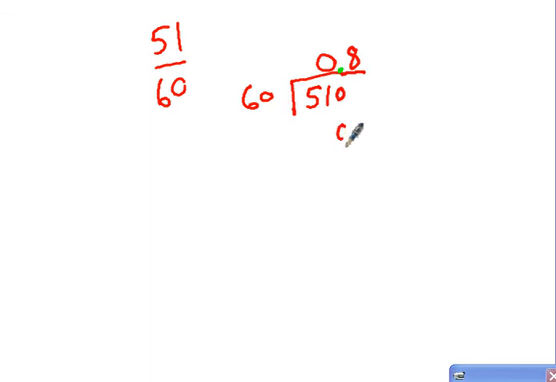So 8 times 0 is 0. Then 6 times 8 is 48. So now I got 510 minus 480. So I get a 0. Here I could borrow, so this would be 11 minus 8 is 3. So it's 30. So I add a 0 here and I bring it down.